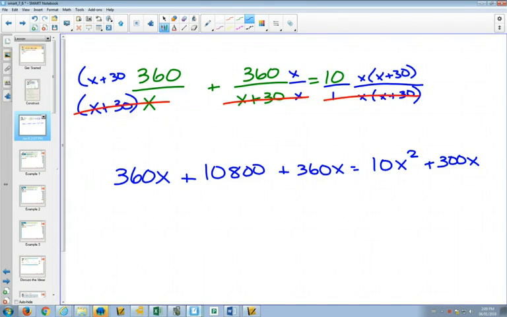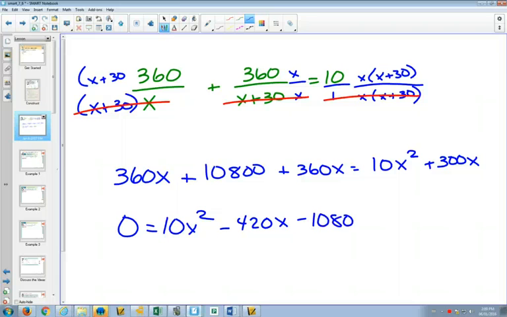Yes, the numbers are big enough to warrant a calculator. It's a quadratic equation, so if we move everything over to one side, we will get 0 equals 10x squared, 360 plus 360, 720, minus 300, minus 420x, minus 10,800.